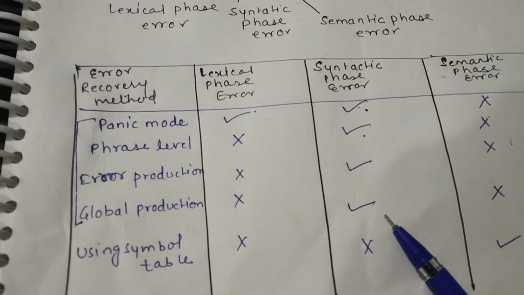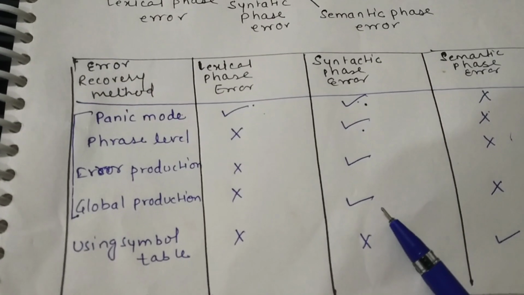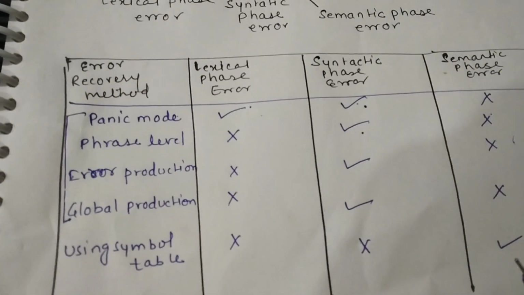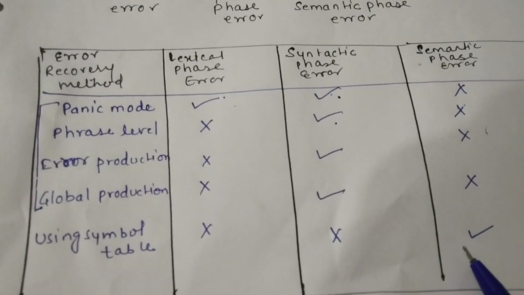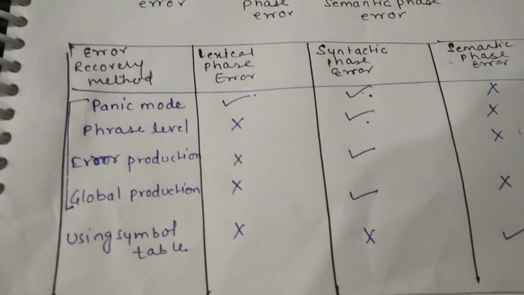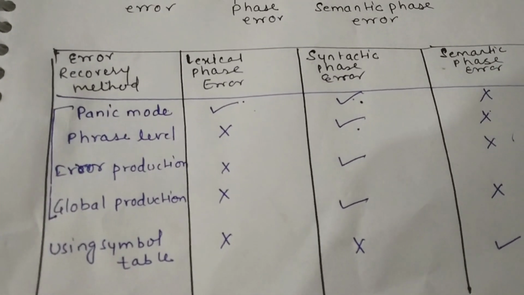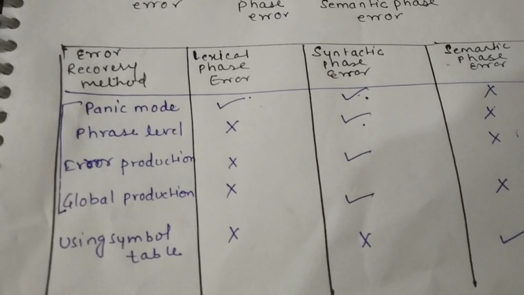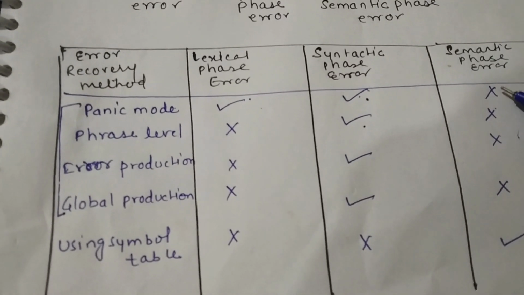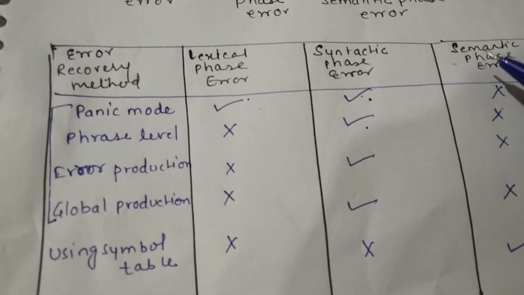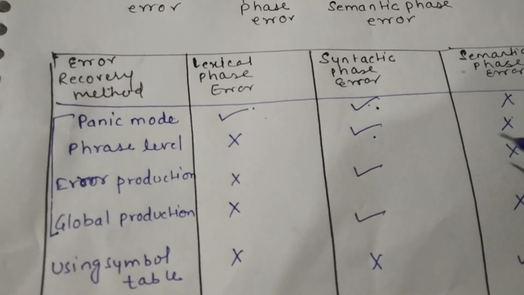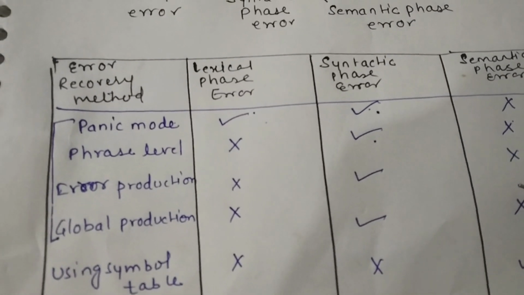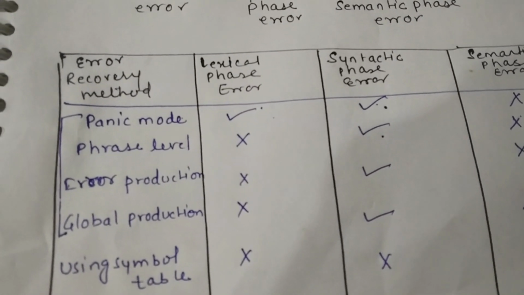Global production method is used in syntactic phase error, but using symbol table method is only used in semantic phase error. So we can see from this table, most of the recovery methods are applied on the syntactic phase error, because programmers make most mistakes in the syntactic phase rather than the lexical analysis and semantic phase.